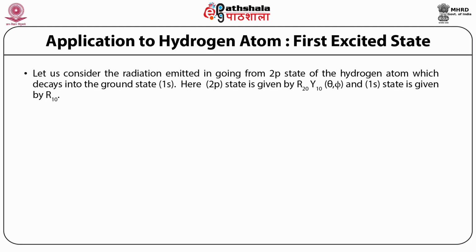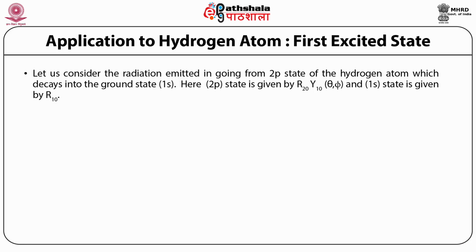Let us consider the radiation emitted in going from the 2p state of the hydrogen atom, which decays into the ground state 1s. Here the 2p state is given by the radial function R21 times the spherical harmonic Y10 of theta and phi, and the 1s state is given by R10.